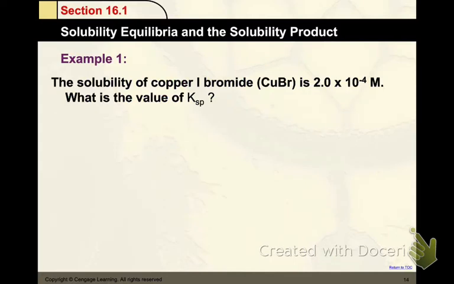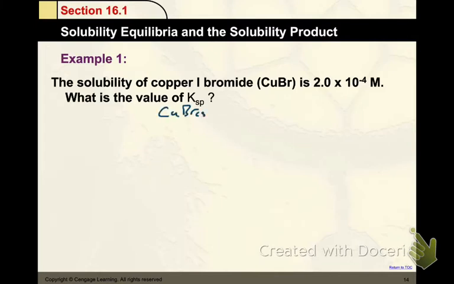Okay, here is an example for us to try. This is a little bit backwards of what we were looking at. We've got the solubility of copper(I) bromide, CuBr, is 2.0 times 10 to the minus 4 molar. So therefore, what is the value of Ksp? Once again, we can start by writing out our equilibrium expression.